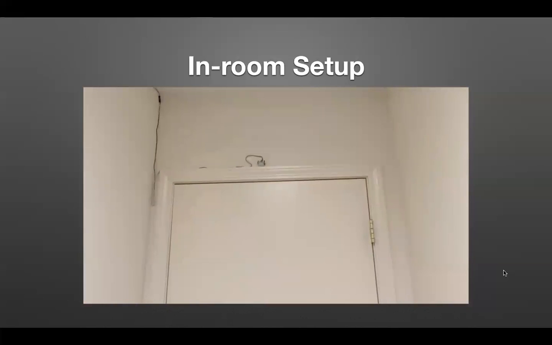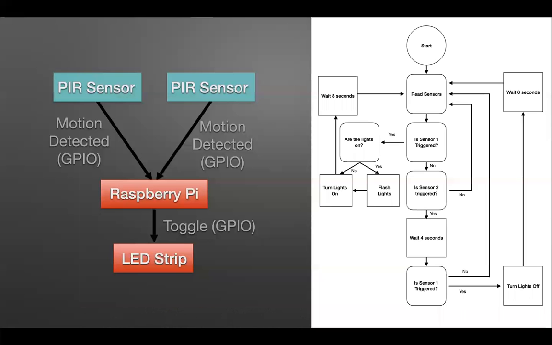Okay. So as far as how the program works, at the basic sense, there's 2 PIR sensors, and when a motion is detected, they go to the Raspberry Pi, which then decides whether to turn the lights on or off. In the more complex explanation, the Raspberry Pi checks the sensors.